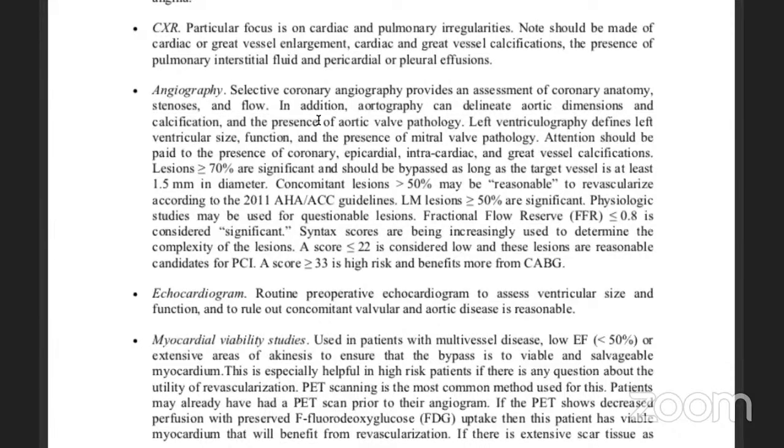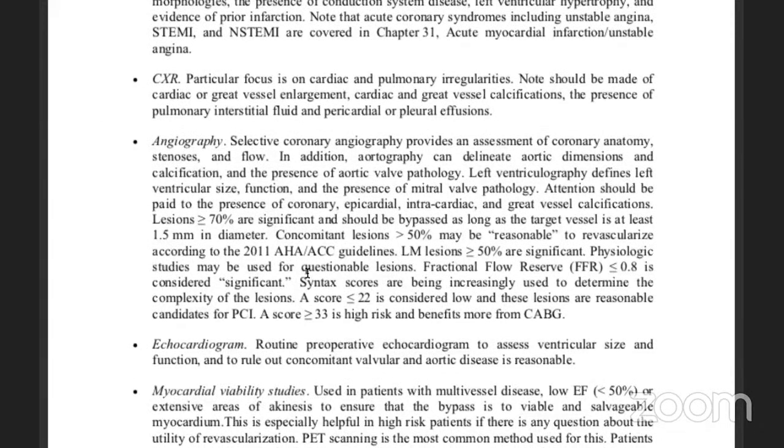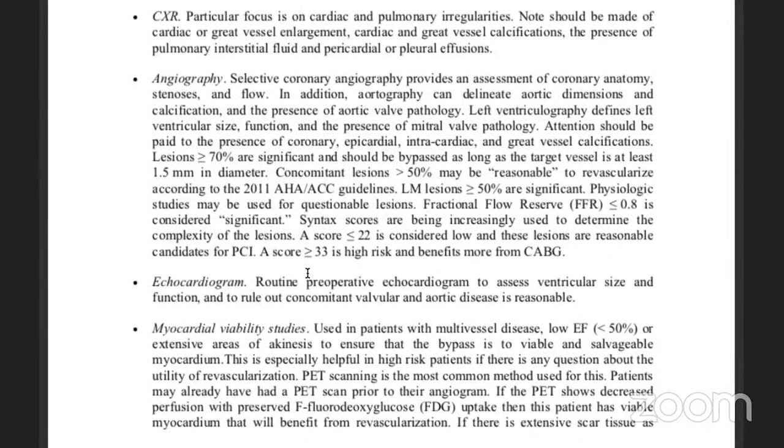By the way, the term regionality is kind of original to me, but anyway, it's regional wall abnormality. If you have a regional wall abnormality with dyskinesia, thinning of the wall, and brightness on the echo, that all indicates scar tissue, and that area probably will not benefit from bypass. So it may help you decide how many bypasses, and which vessels to go to.